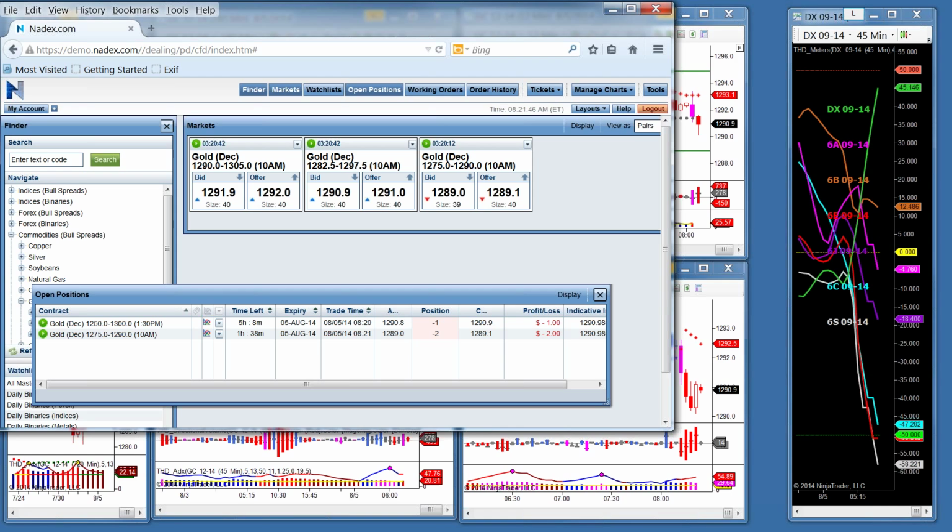One expires at 1:30, which is when this market closes on gold. So you have 5 hours and 8 minutes for this to occur. The other one, you only have 1 hour and 38 minutes for it to occur. Does everybody understand that?